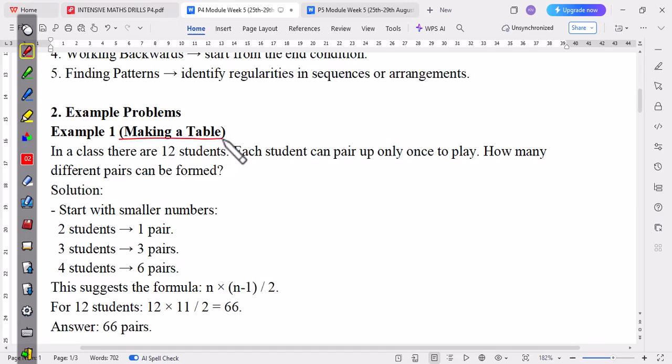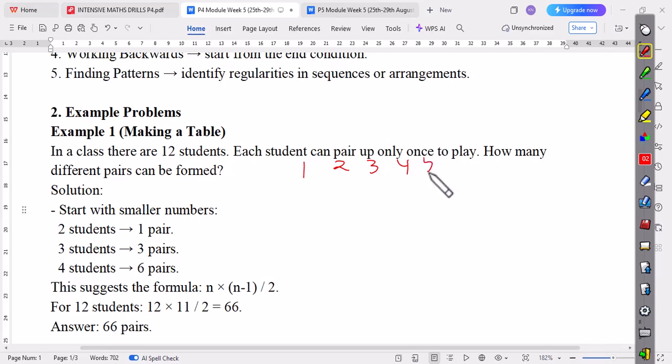In a class, there are 12 students. Each pair of students can play together only once. How many different pairs can be formed? So let's say students 1, 2, 3, 4, 5, 6, 7, 8, 9, 10, 11, 12. We have 12 students here.